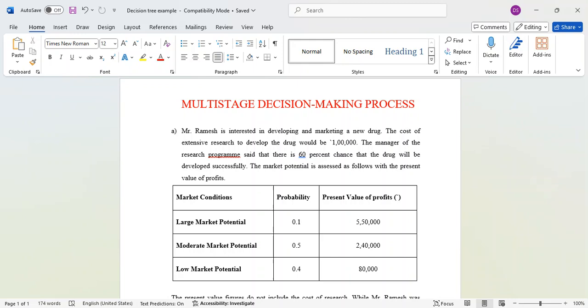Another important thing is that the multi-stage decision making process is also called the sequential decision making process, or posterior analysis. Posterior analysis means everything is considered from backward to forward, or from the right side of the decision tree toward the left.